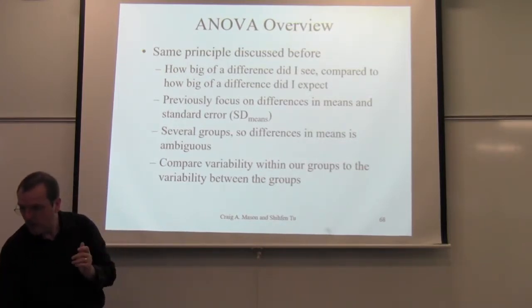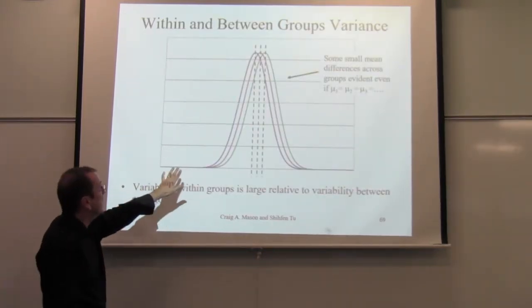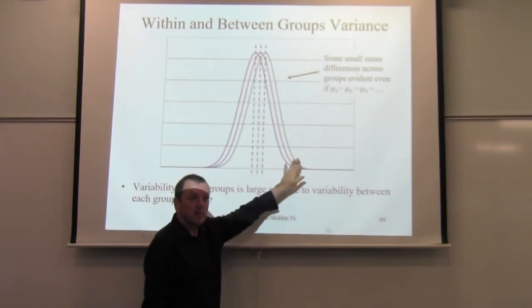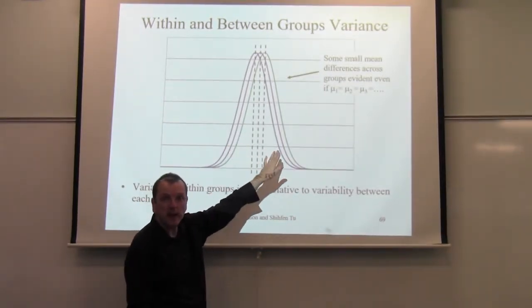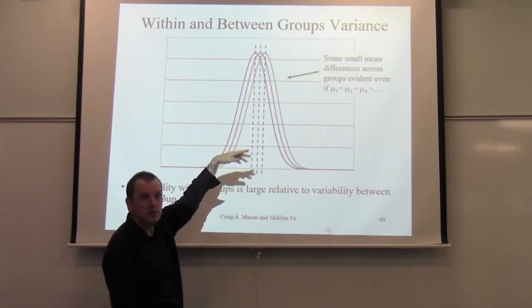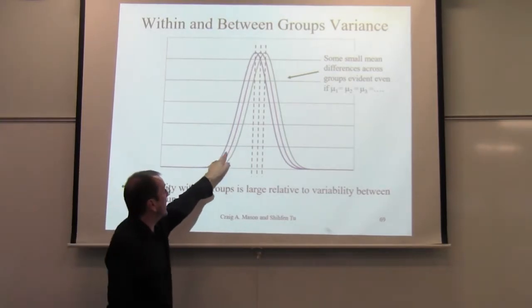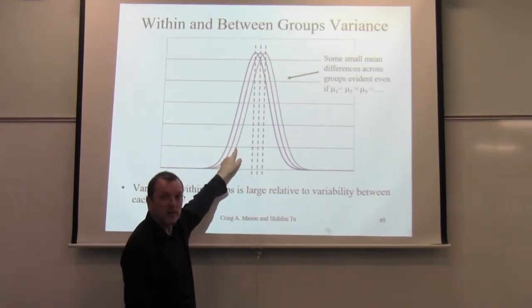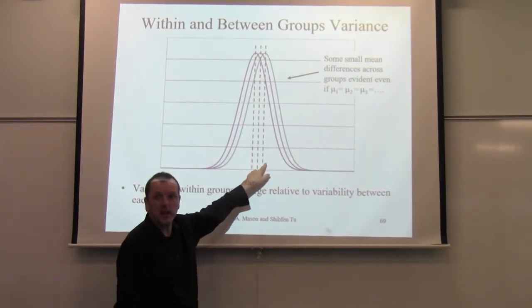For example, I think it may help with a visual. Let's say I've got these 3 different populations. Maybe these are kids in Vermont, New Hampshire, and Maine, and we're looking at their distribution of scores on something. Each state is a different color, and here are their averages, fairly close together.